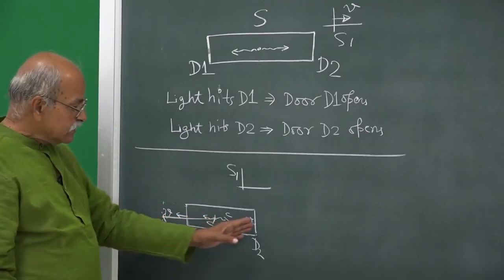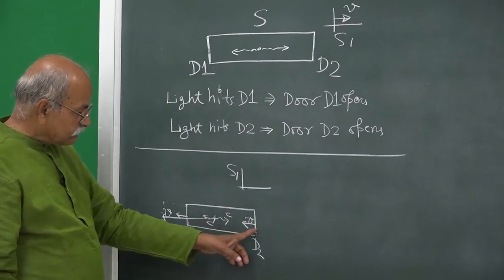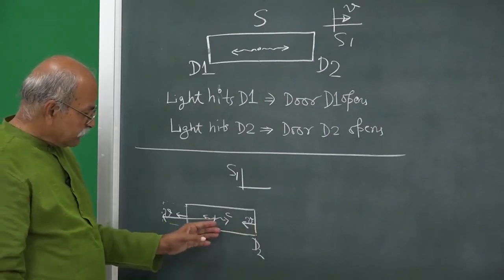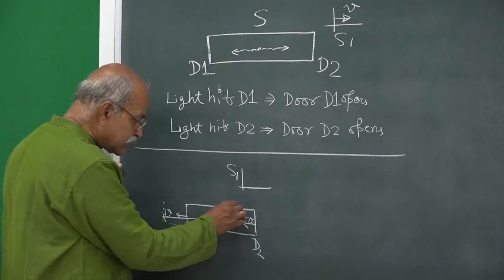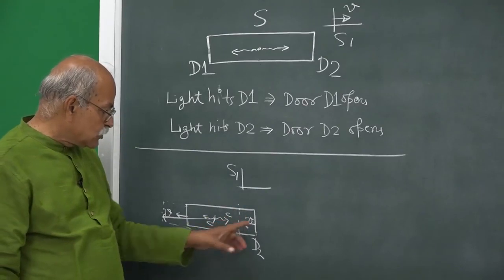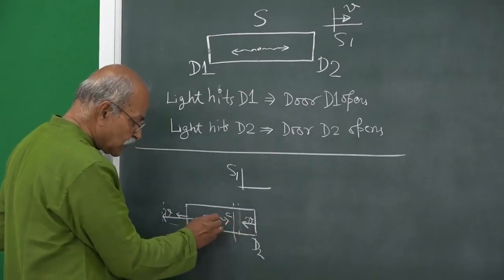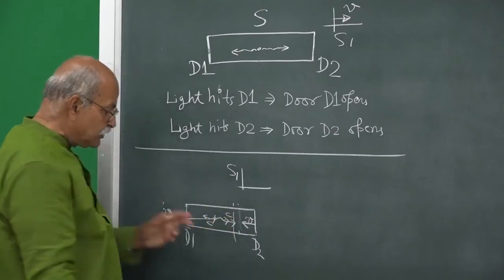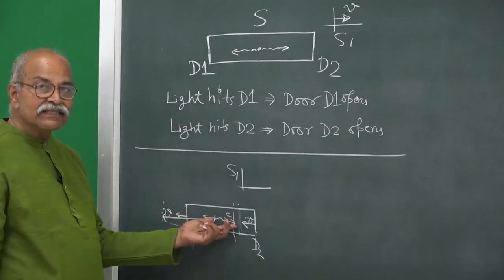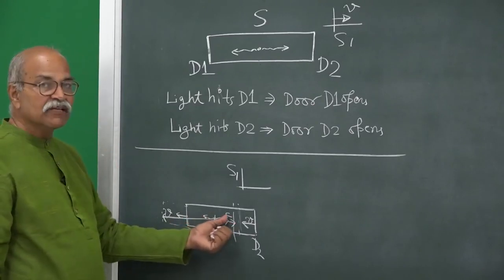On the other hand, when the light pulse is emitted, D2 is here, and therefore, D2 is coming in this direction. So, the meeting of this pulse and D2 will be somewhere to the left of this D2, and hence this pulse will travel a smaller distance, but the speed is the same, the speed of this pulse and this pulse is the same.